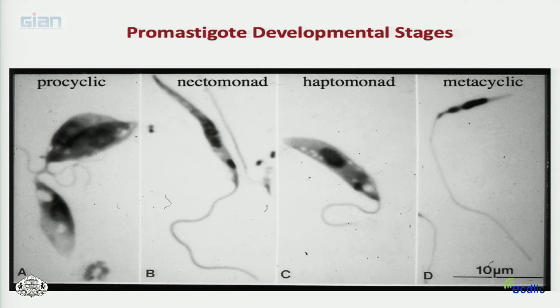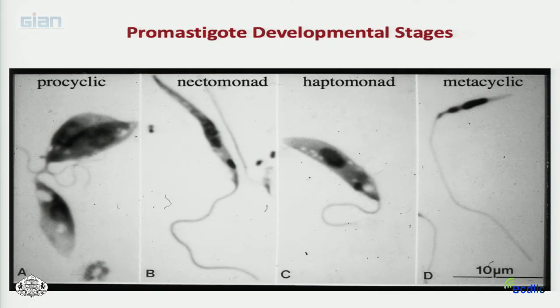So I want to emphasize again that all of these events are accompanied by the differentiation of these flagellated promastigote forms from these dividing procyclics that are found in the posterior midgut, and these are the first promastigote forms after amastigotes transform into the extracellular flagellated form.